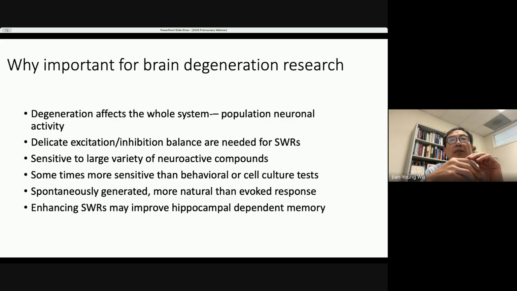So those drugs have combined effects on the system. Sharp wave is a population neural activity in the hippocampus and involves many mechanisms, so the effects of those compounds can be sensitively detected by ex vivo sharp wave ripples. So sometimes using ex vivo slices, the test can be more sensitive than behavioral tests or tests in cell cultures.